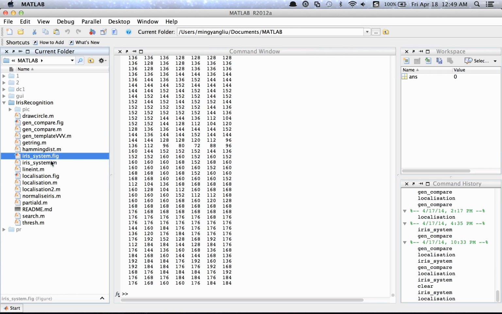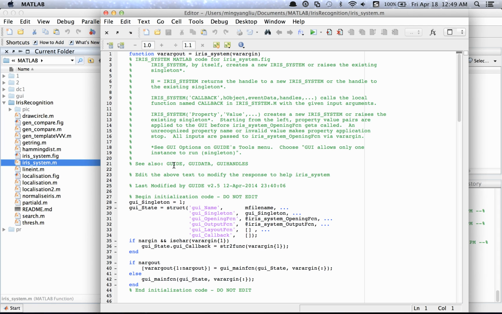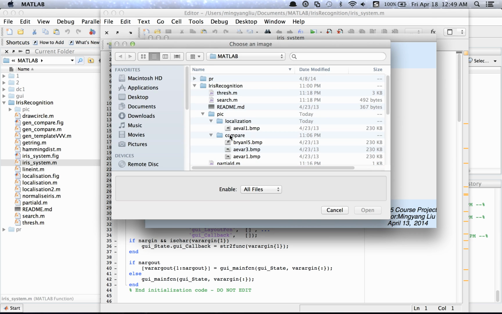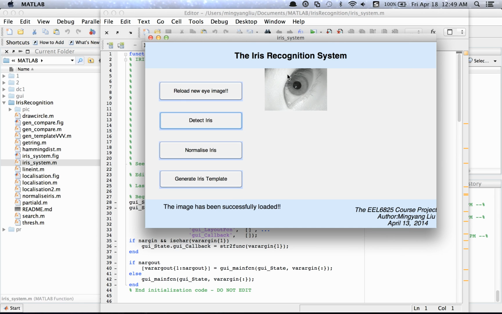And then the next one is the iris recognition system function. This one is a simple iris recognition system, which also has another GUI. First, we load an image. This time, we load another one. You can see we load a picture which is different from that one.